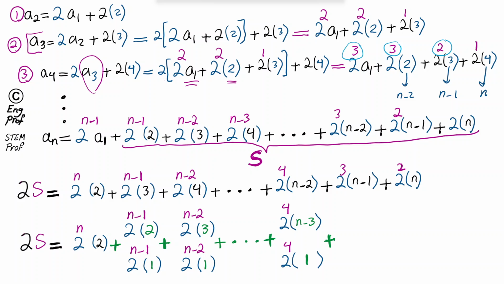Plus, for the next one here, okay, for this one, I can do the same thing. Okay, except instead of n minus 1, I can write n minus 2, and then I can do 1. And finally, I can just close the parentheses here. So there you go.